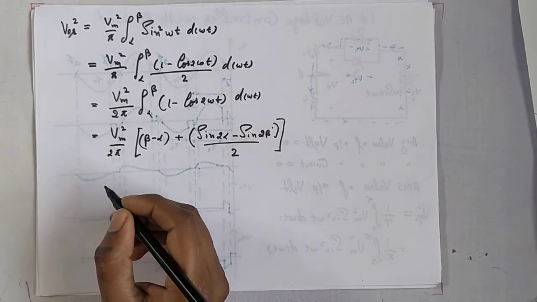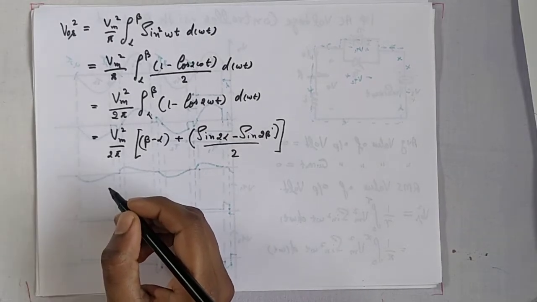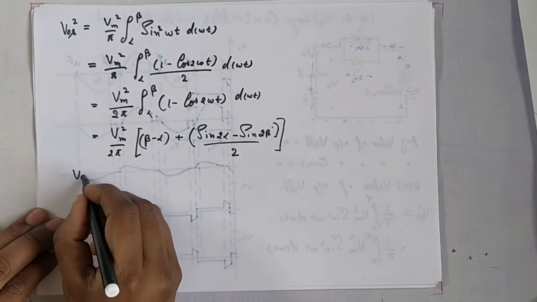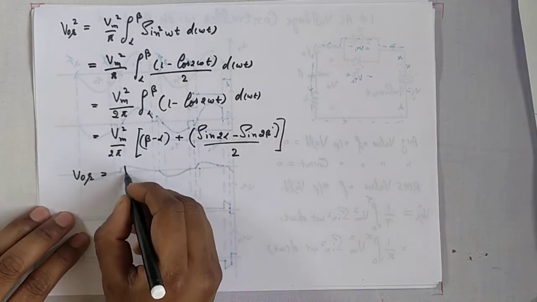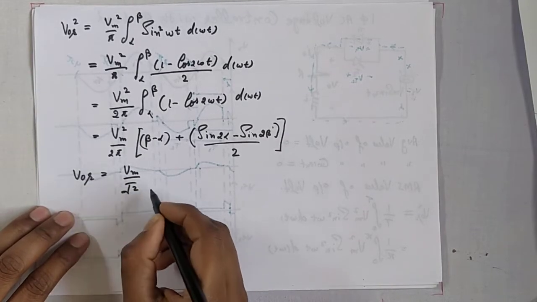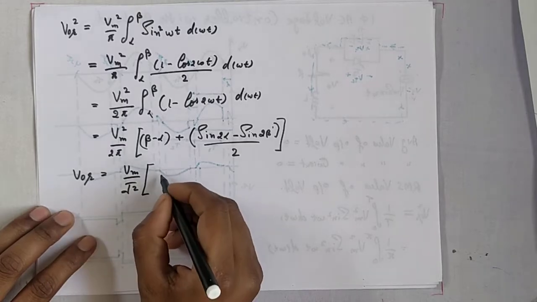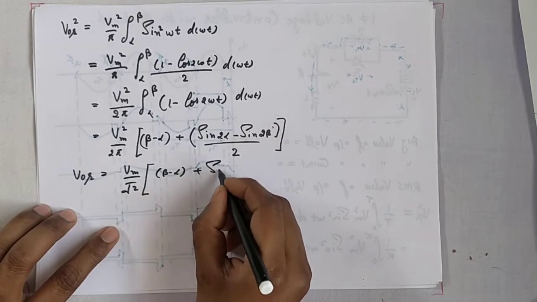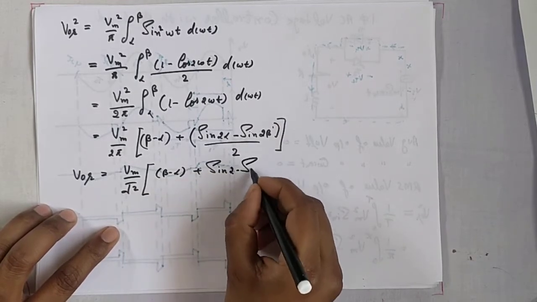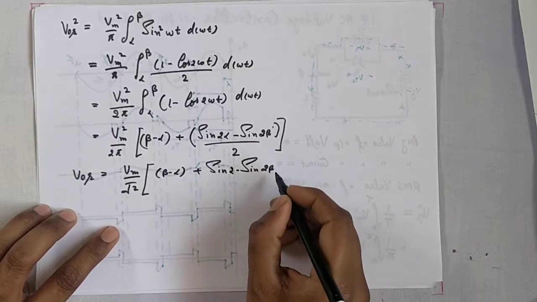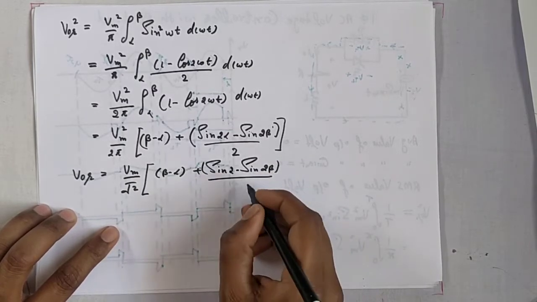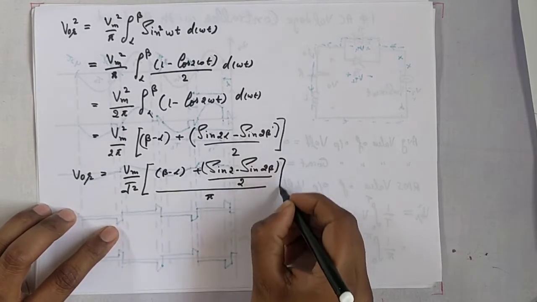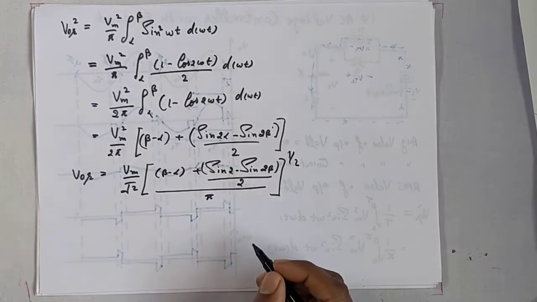This is the V0R. Now the final V0R equation becomes Vm by root 2 times, whole power 1 by 2, of [beta minus alpha plus (sine 2 alpha minus sine 2 beta) divided by 2] divided by pi.